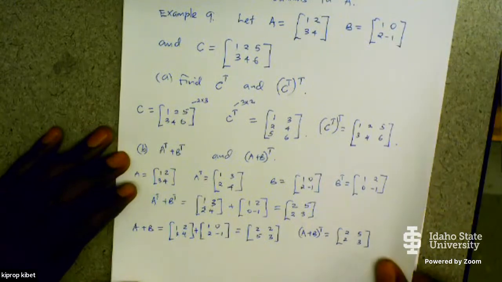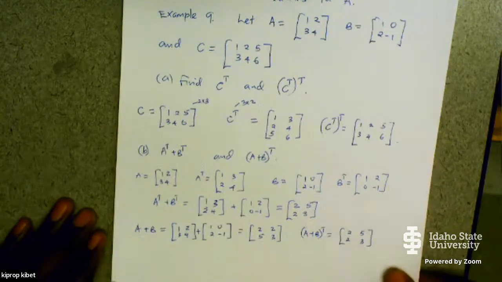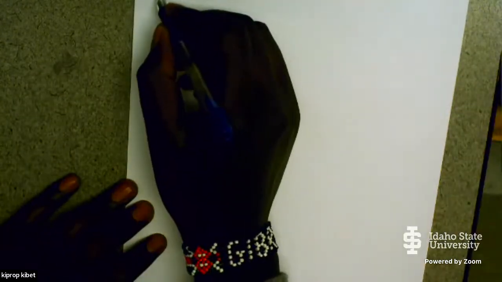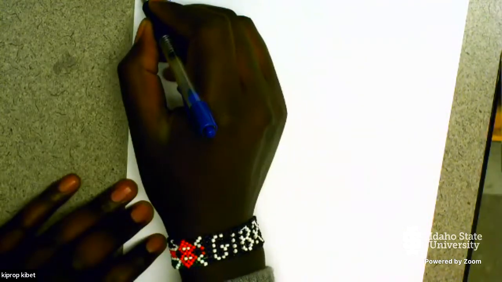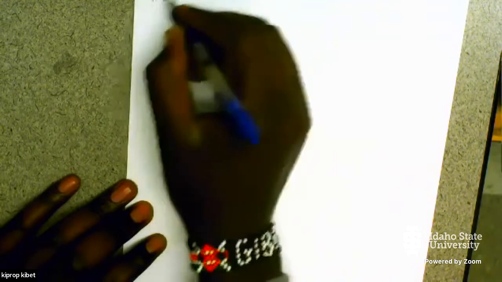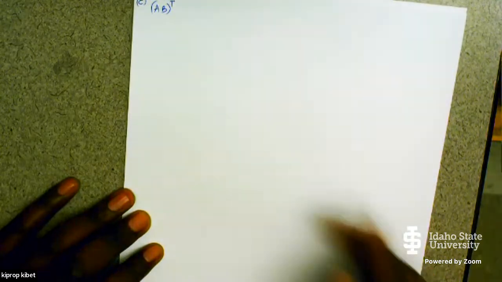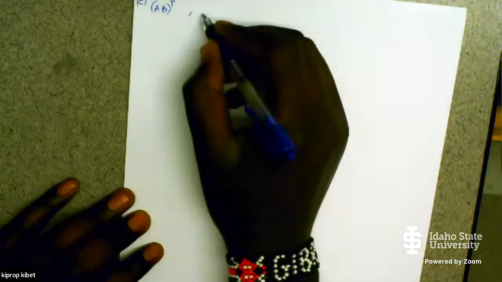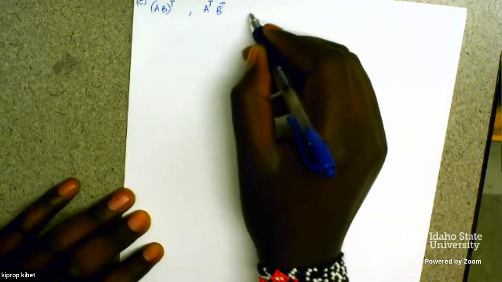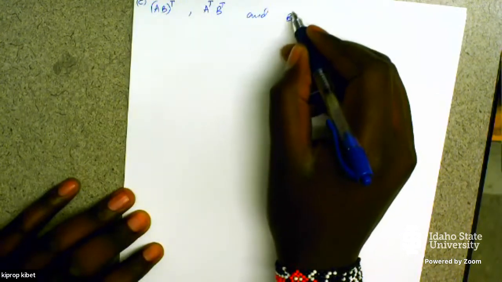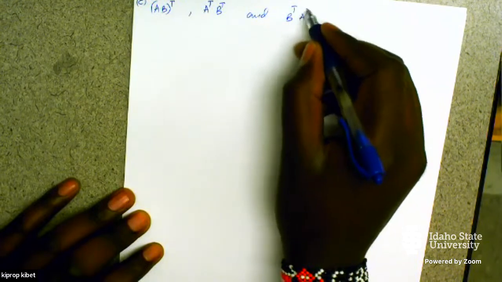Okay, now what about when you multiply? If you multiply AB and then you transpose, so this is number C. Let's find AB transpose. Let's also find A transpose B transpose, and also let's find B transpose A transpose.